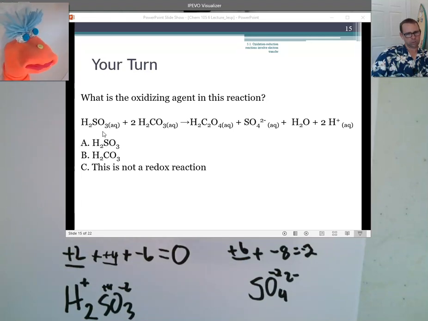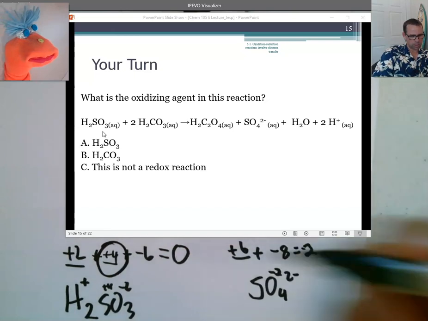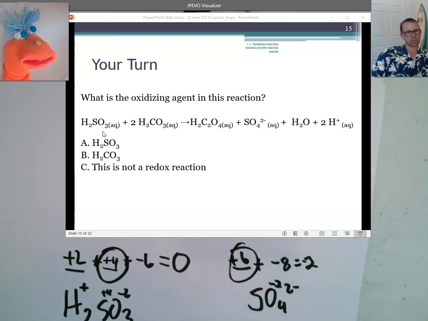Okay, so what does that mean? Sulfur was a +4, and now it's a +6. Is that what we're seeing? That's right. Sulfur had an oxidation number of +4, and now it has an oxidation number of +6. So, did it gain electrons or lose electrons? It lost electrons because it has more of a positive charge.